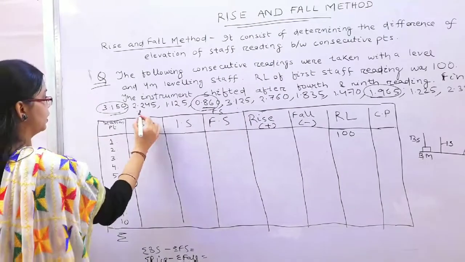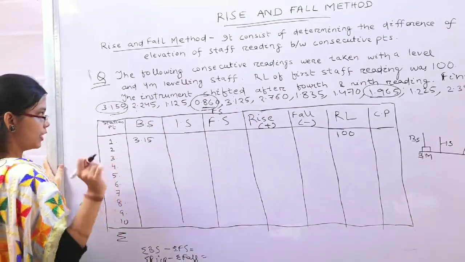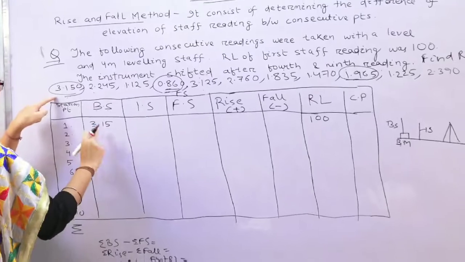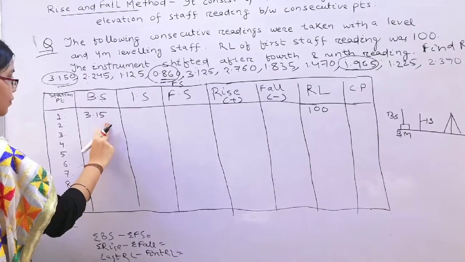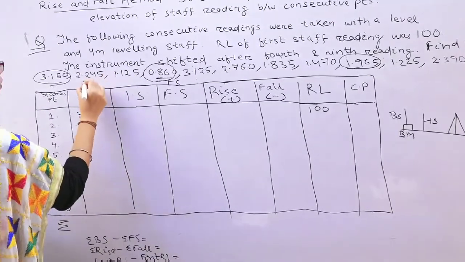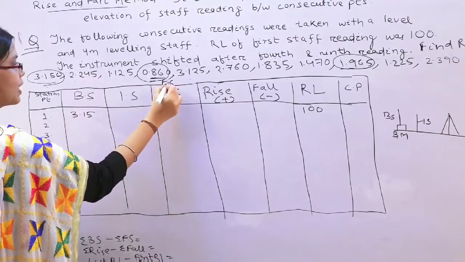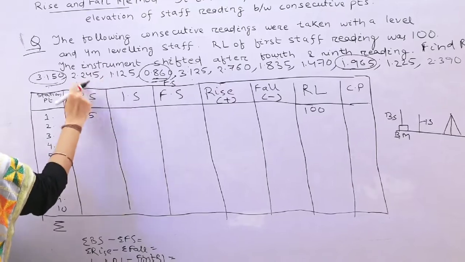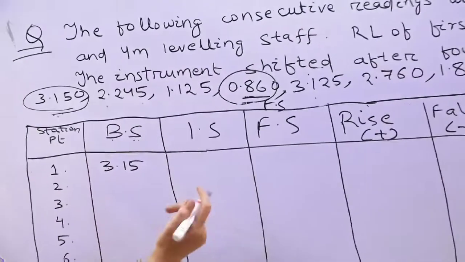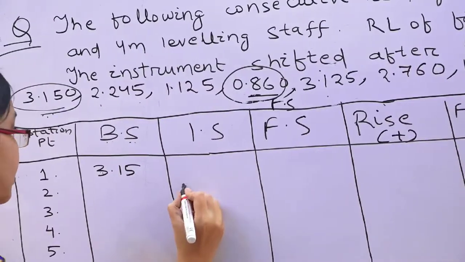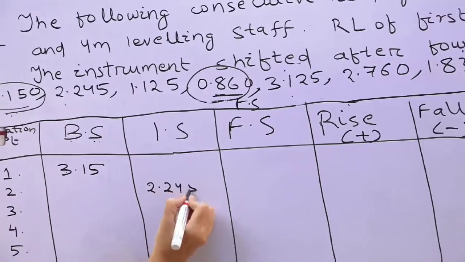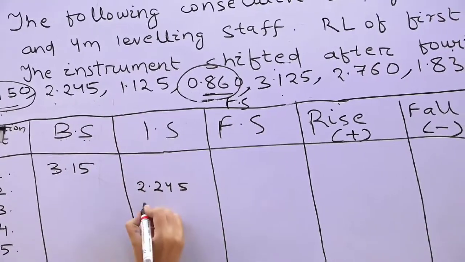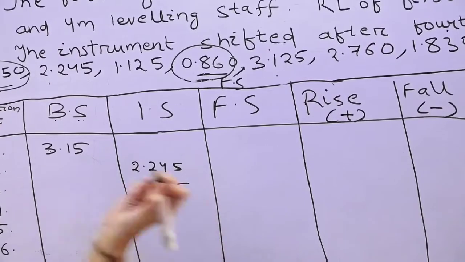Now let me write this down. How will I write it? First, this is the backside reading, so first we write 3.15. Then this is the last staff reading, so between these two points are the intermediate sight points. So we write here 2.245 and this one 1.125.